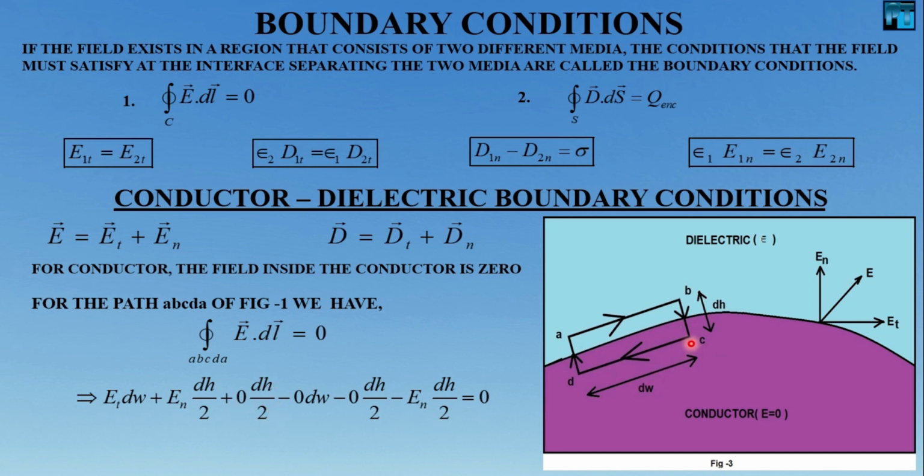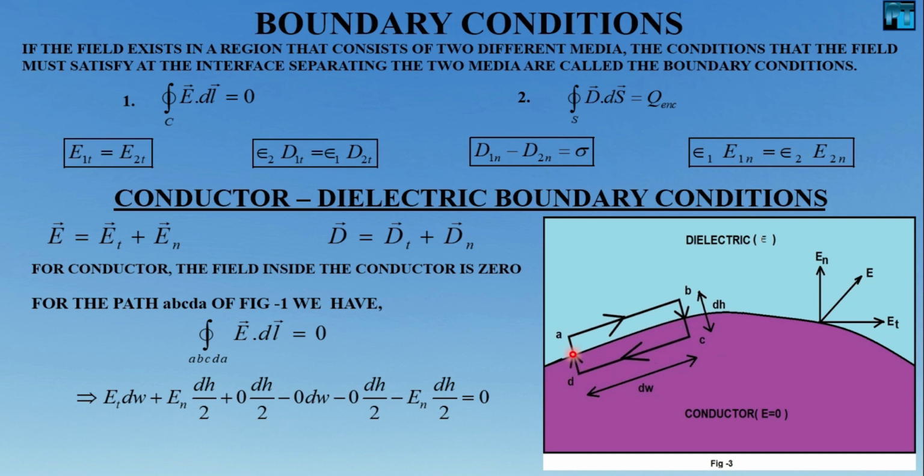Now from C to D the direction is just opposite to A to B. So it is minus 0 into dW. Now for the lower half of DA, it is again 0 with a minus sign, so 0 into dH by 2.